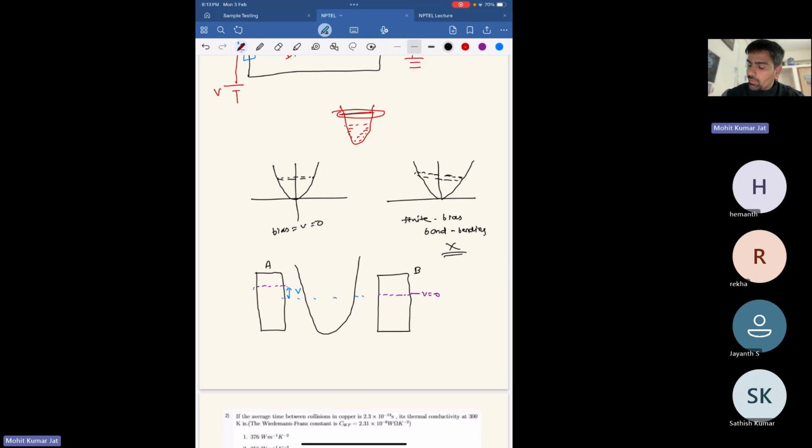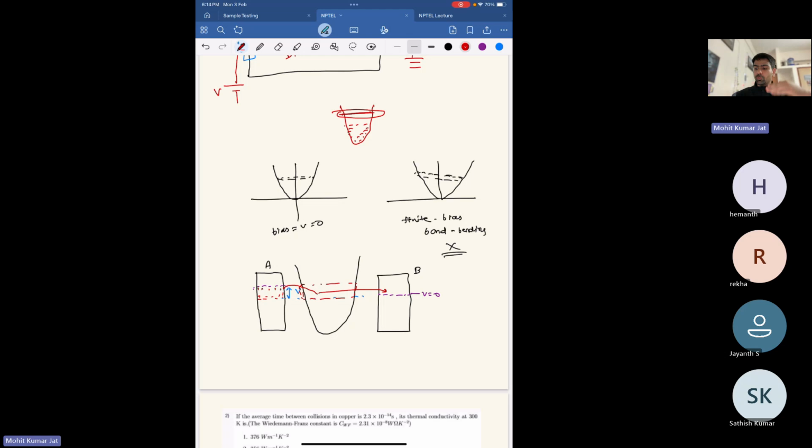What will happen? The electrons in this region want to go to this contact. They want to fill this band and go to the B contact. So this range near the Fermi energy, where your Fermi energy lies, contributes.